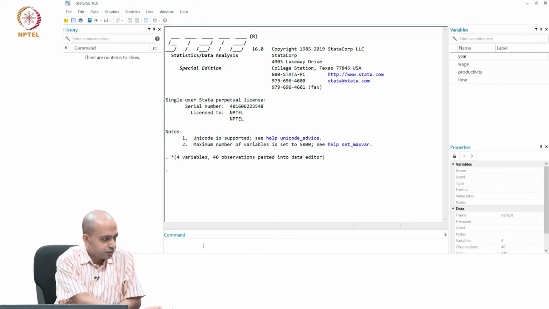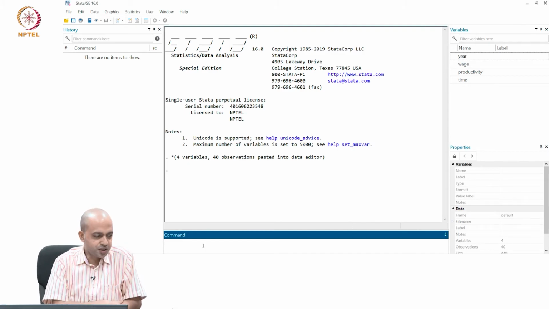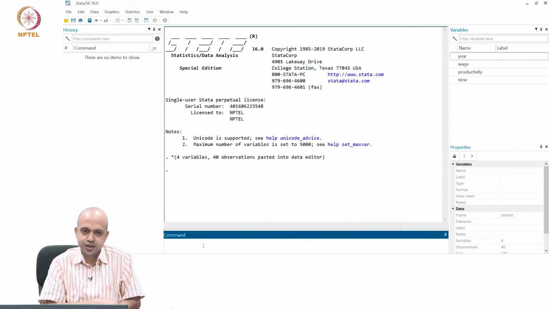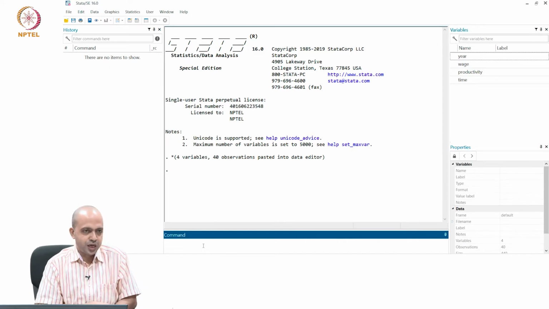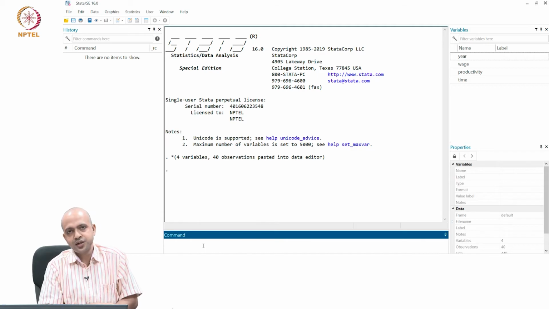Now, since this is time series data, and you are trying to estimate the model, and after estimation you also want to get the Durbin-Watson test statistic, then what you need to do first is explain that this data is time series data, and you have to put a specific command for that. Unless you use that specific command, Stata won't be able to recognize this data set as time series data.